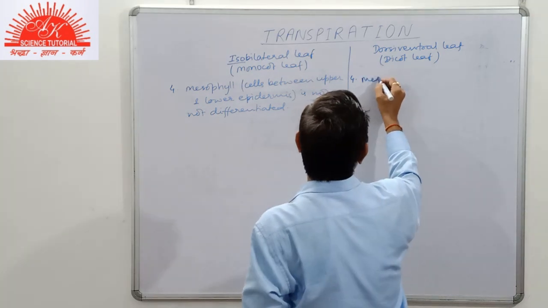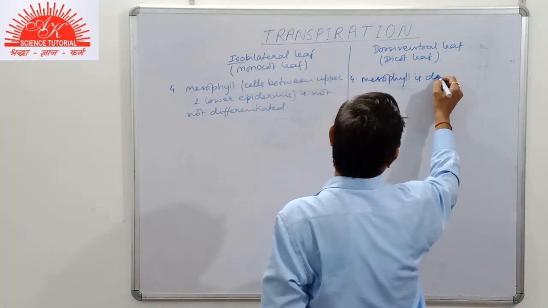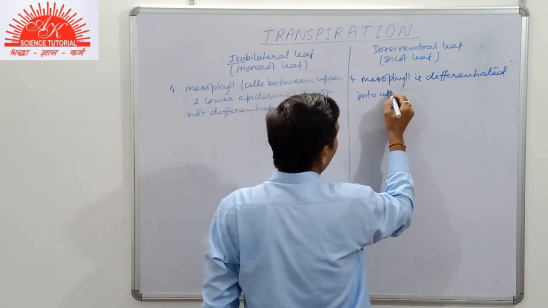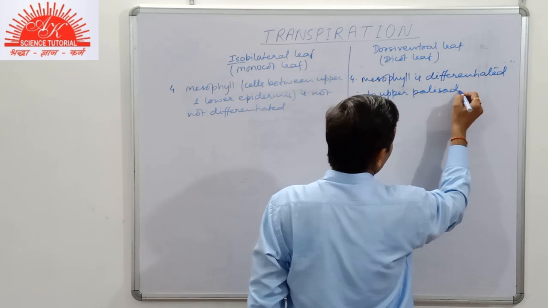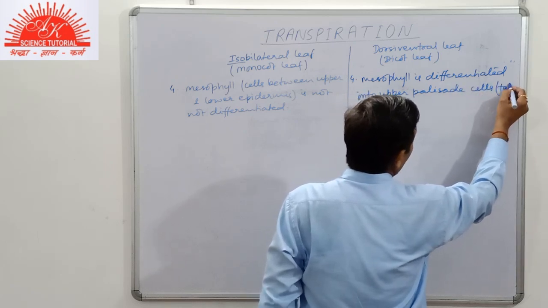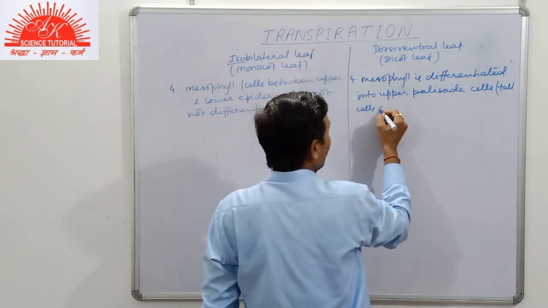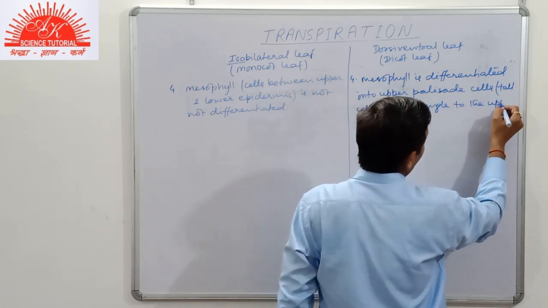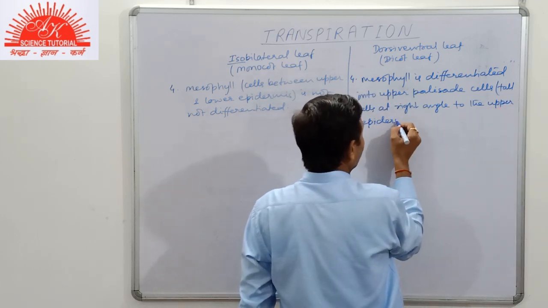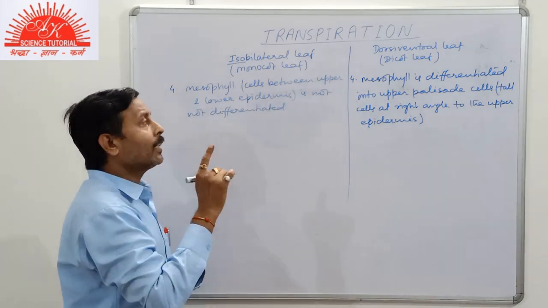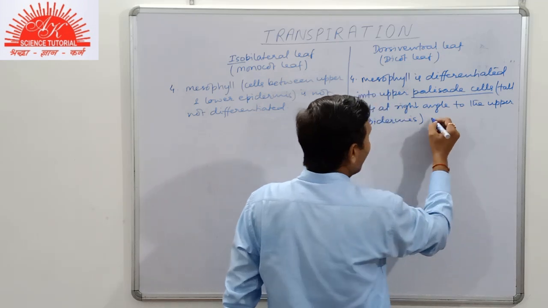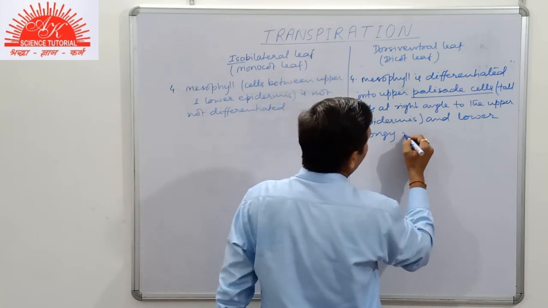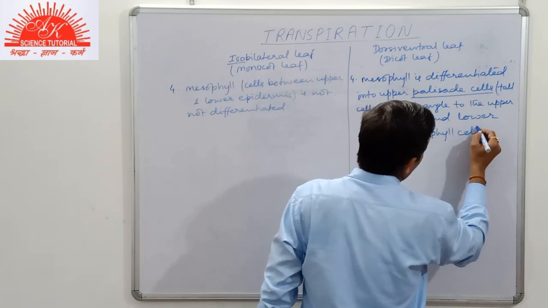So here mesophyll is differentiated into upper palisade cells, which are tall cells at right angle to the upper epidermis, and lower spongy mesophyll cells.